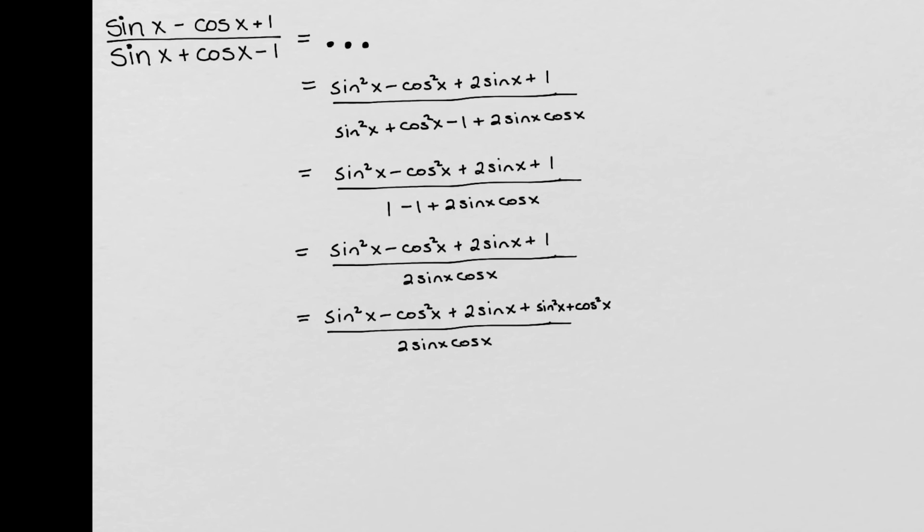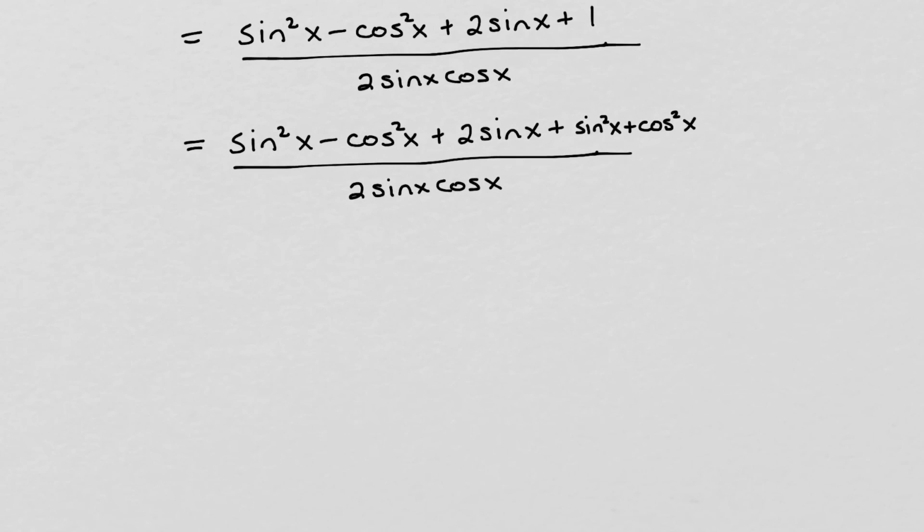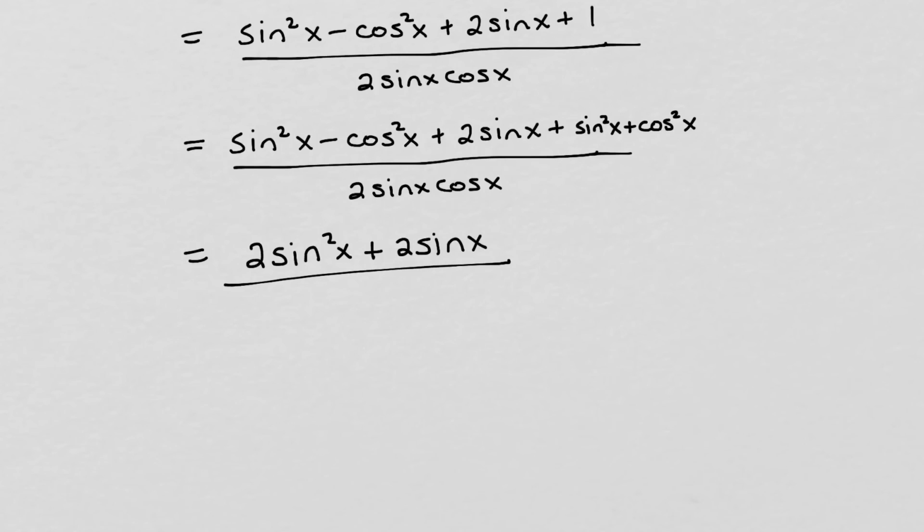So now I can combine my like terms. I've got sine squared x plus another sine squared x, and that gives me 2 sine squared x. And the cosine squared x, positive and negative, cancel each other out. So those are gone, and I have a plus 2 sine x. And this is all over 2 times sine x times cosine x.